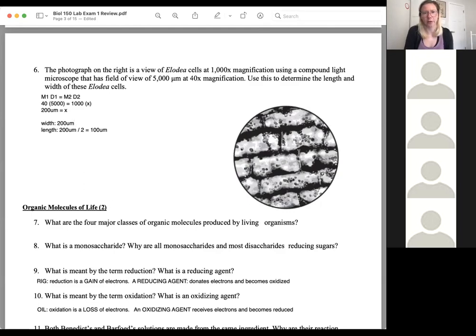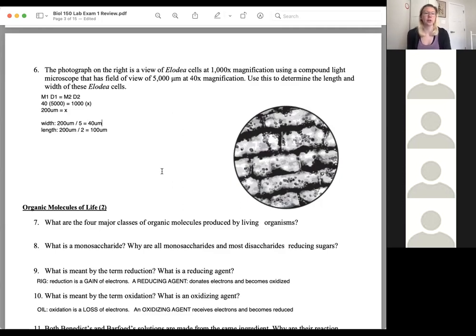This is cut off a little bit, but then we also have this extra bit up here, so I would say it's about 5. This is about rounding and guessing, so it doesn't have to be exact, but it does have to make sense. So that's about 40 micrometers. So about 100 micrometers in length and 40 in width.